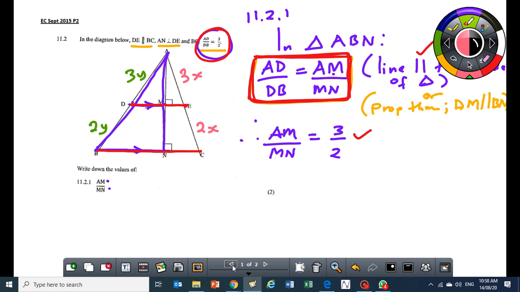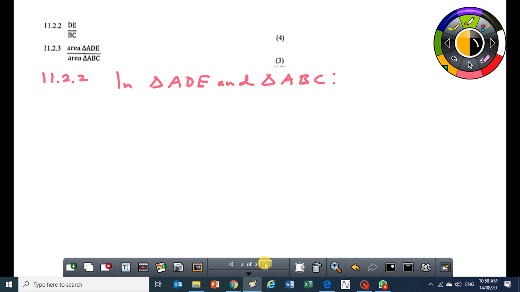So, firstly, we have a common angle. I'm going to write number one, angle A is common. And remember, the naming of similar triangles is very important.